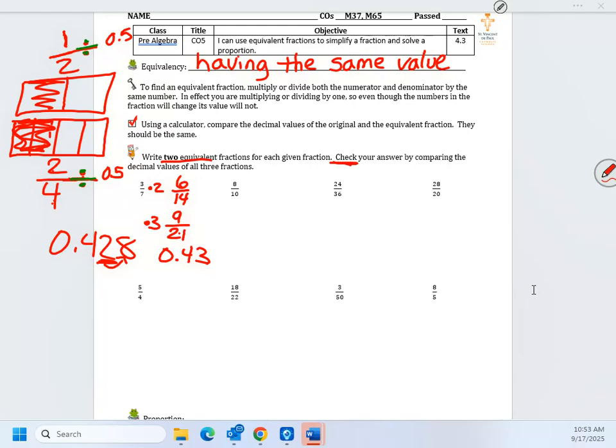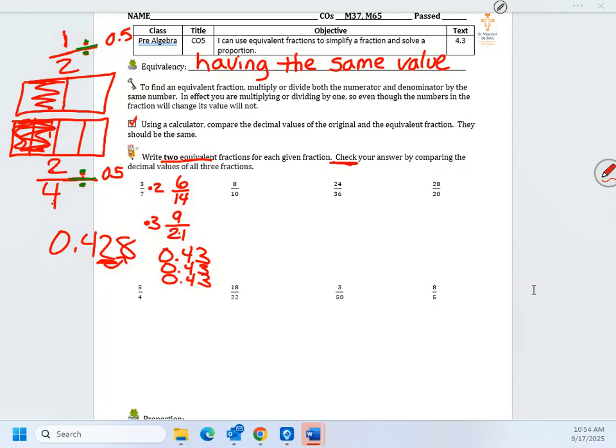What fraction do you get if you divide 6 by 14? Colton? 1/4. 0.43. What decimal do we get if we divide 9 by 21? Laura? 0.43.